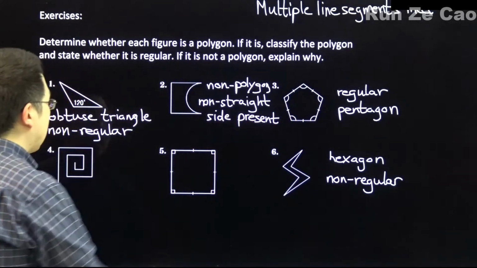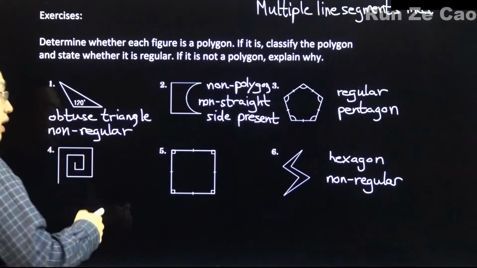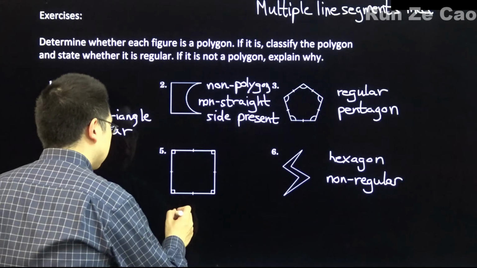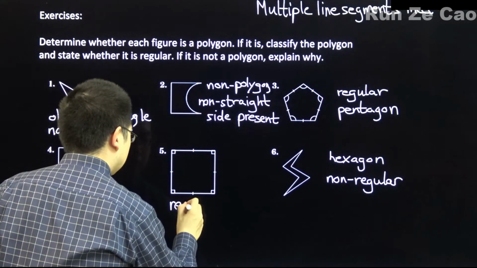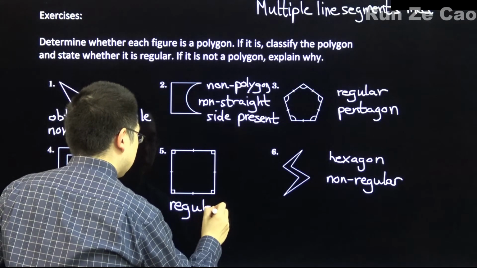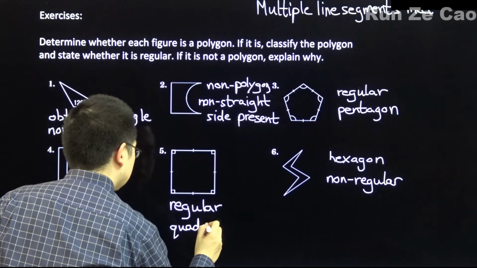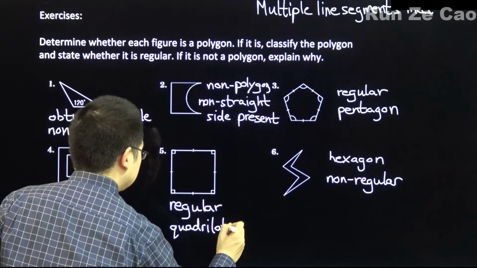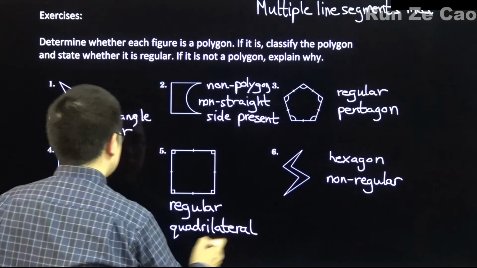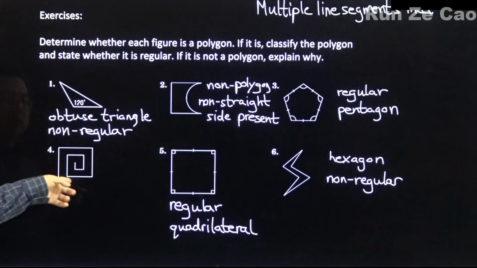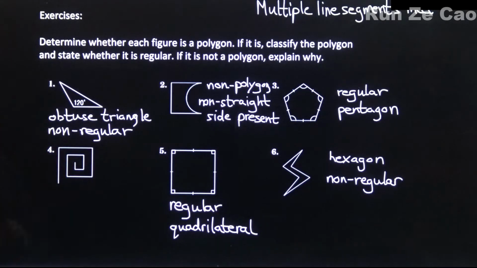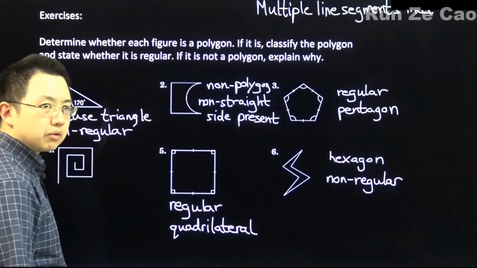Alright, here we have a square, which is regular. We could also say this is a regular quadrilateral. Whereas here we have a squiggle of a line. It's all straight lines, but this is not a closed shape.